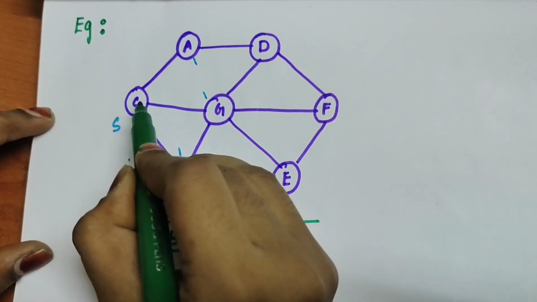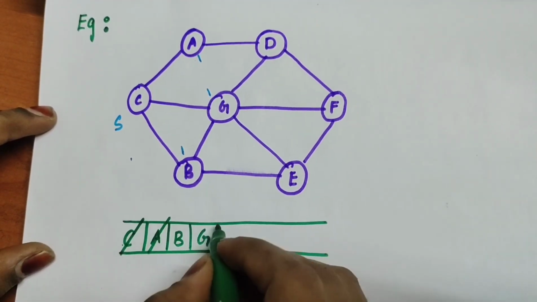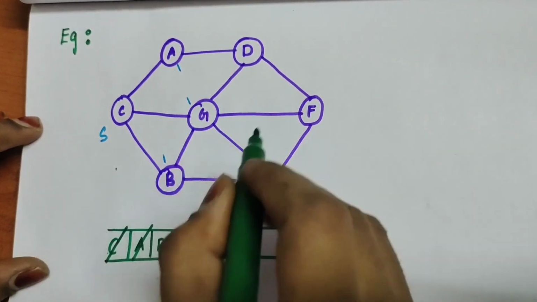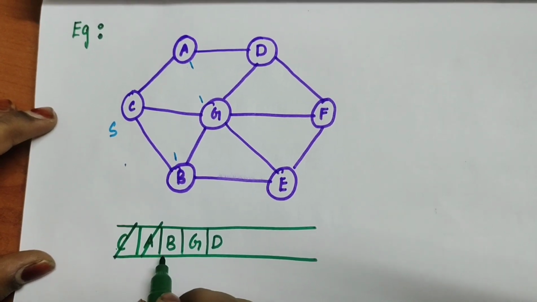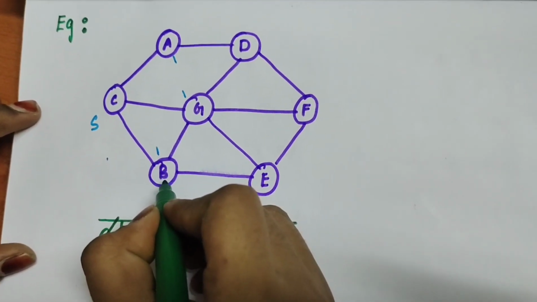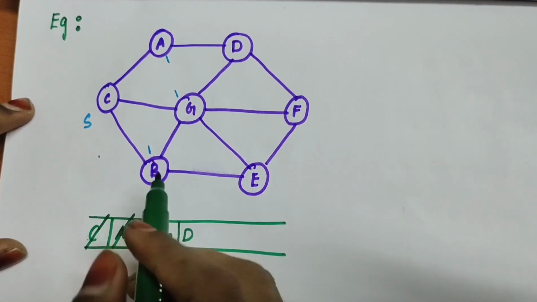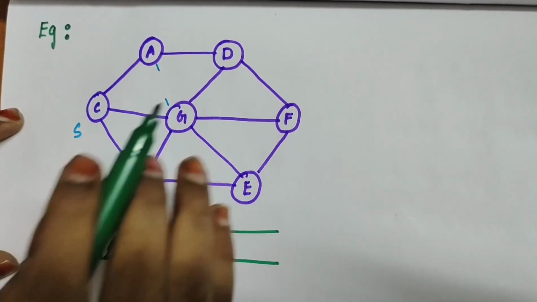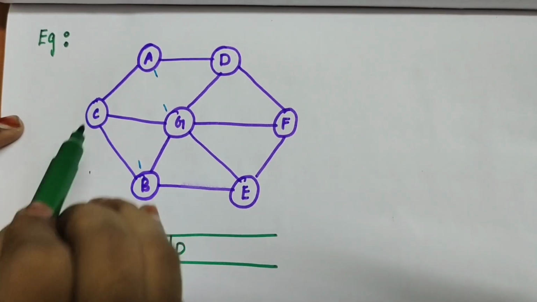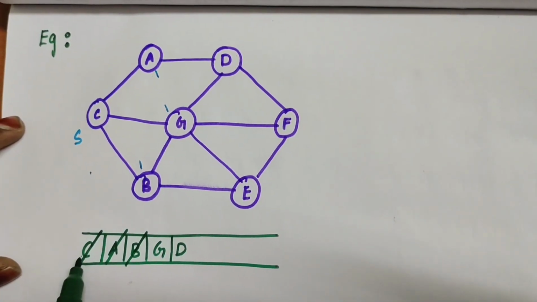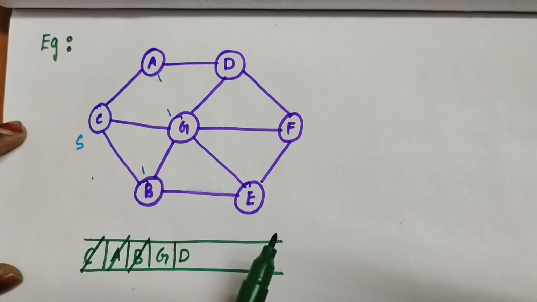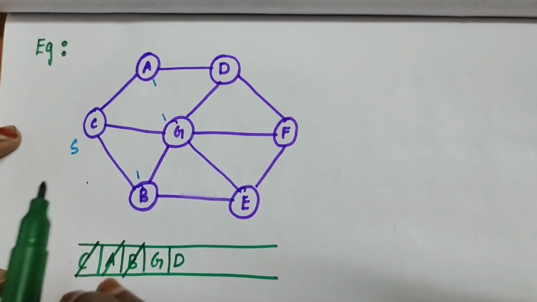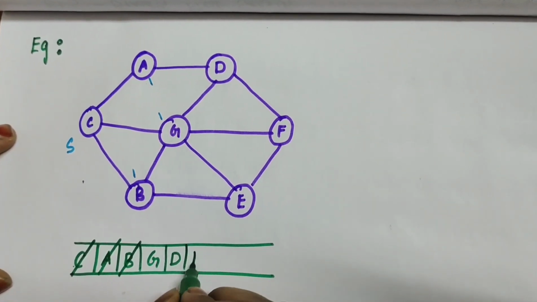So we will not include C, and we will include only D. Then we move to the next adjacent vertex of C, that is B. From B, G, E, C are the adjacent elements. But C and G are already traversed, so we cannot include them. We include only E.